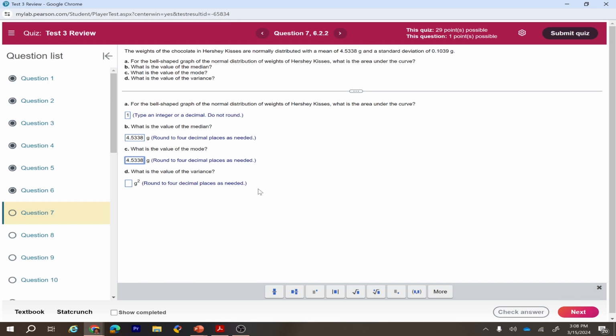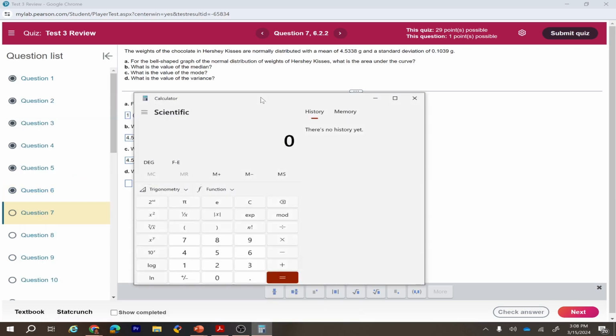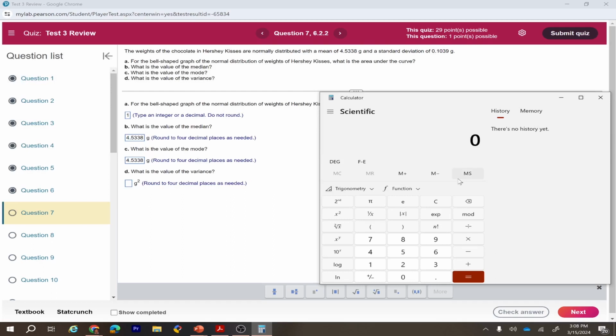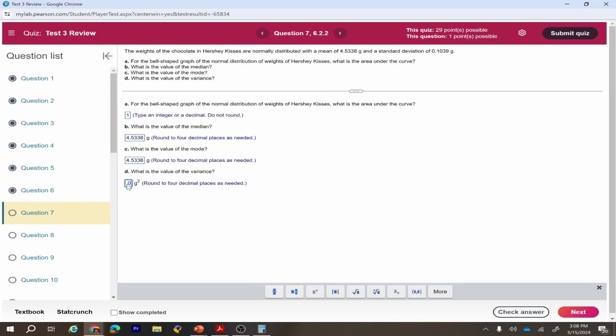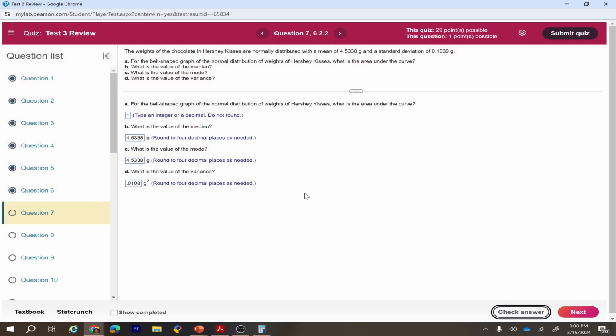That's the square of the standard deviation, so I can just use the calculator here. 0.1039 whole square is 0.0108. Let's check. Okay, so that's the right answer.